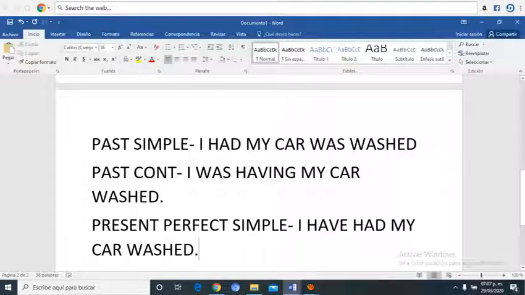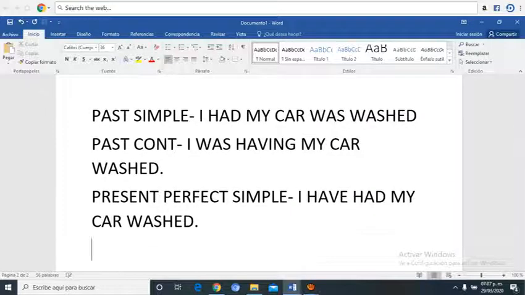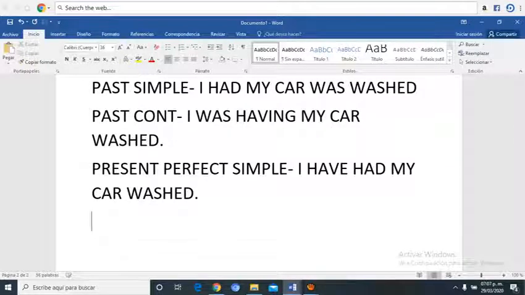Here in this case, I have double have, but remember that in the perfect tenses, we have to use the verb have as an auxiliary. So one of the verbs have works as auxiliary and the other works as main verb. That's the difference. Okay, so actually this is the structure, guys. If you follow this structure, you won't have any problem.